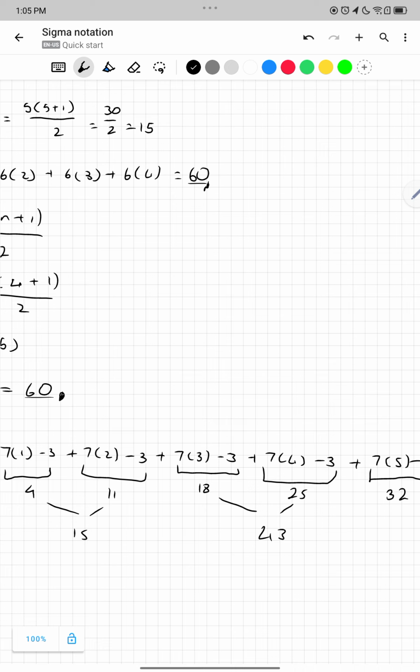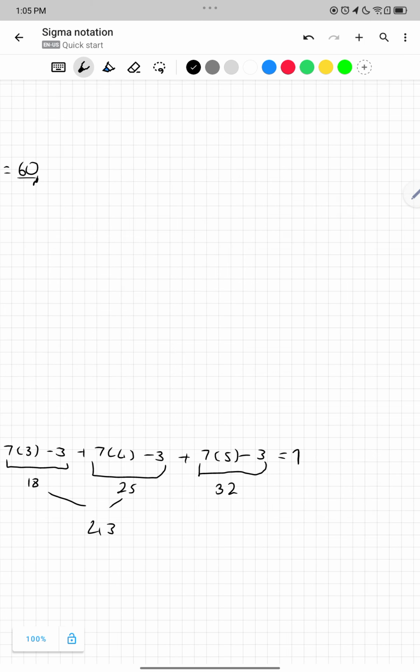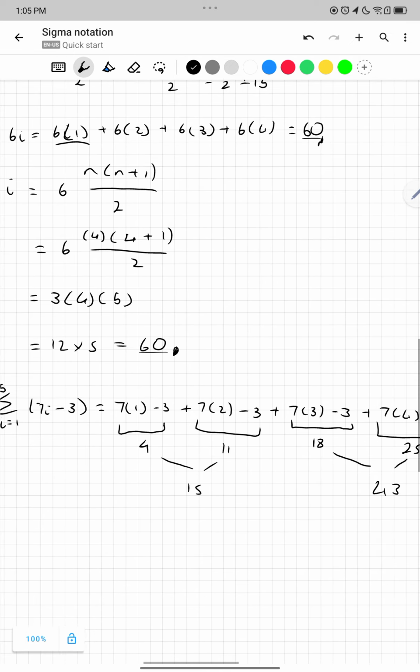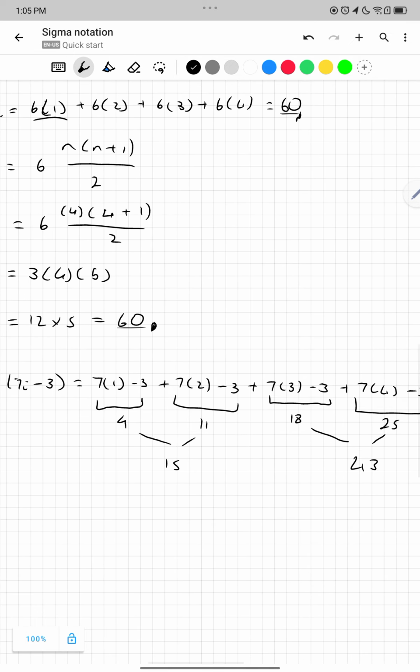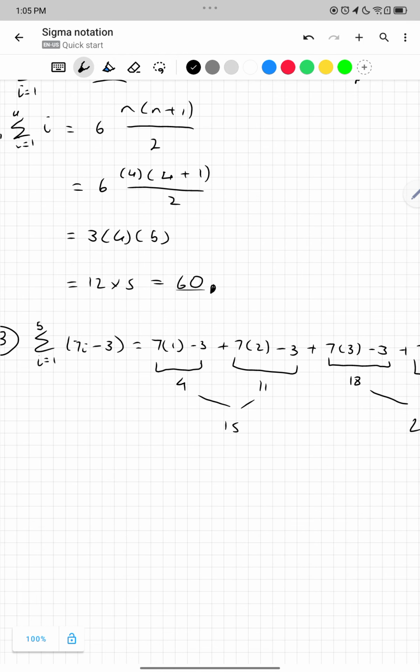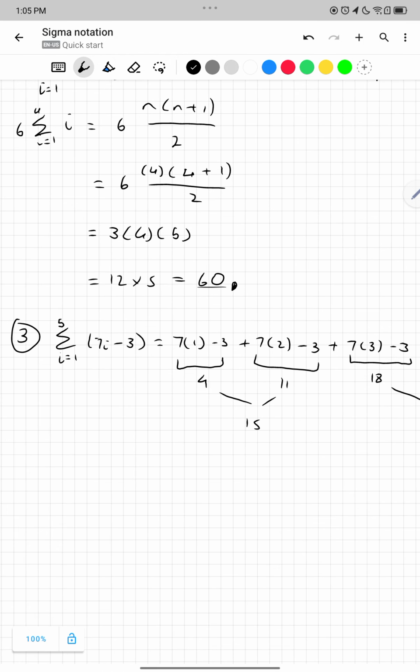So you have 15 plus 43, it's 58, plus 32, it's 90. So that is what we have. But using the formula is going to be a lot easier than what we just did right now.